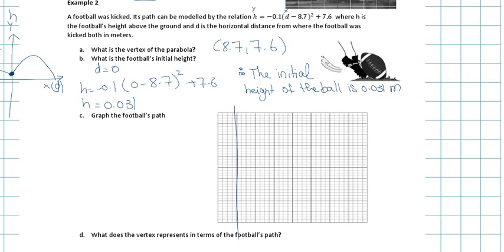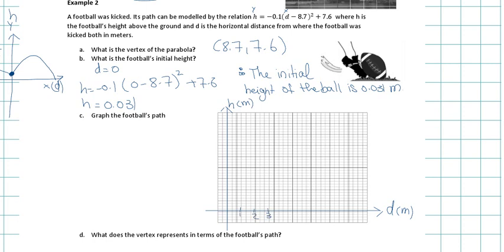Let me try this again. There you go. So I have the h, I have d, and they're both in meters. That's 1, 2, 3, 4.